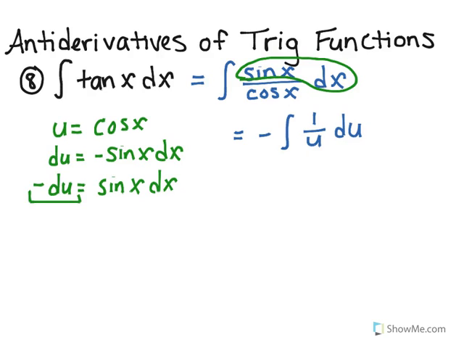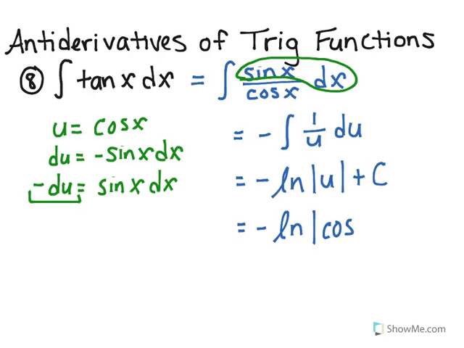Which at this point, we hopefully all know that the antiderivative of 1 over u is going to be the natural log of the absolute value of u. So negative ln absolute value of u plus c. We have to replace the u with the cosine x, and then we will be done. Negative natural log absolute value of cosine x plus c.